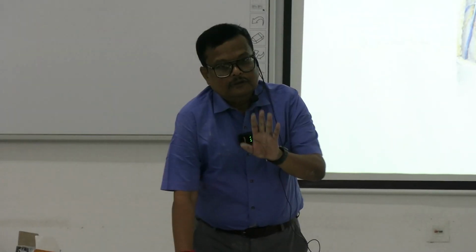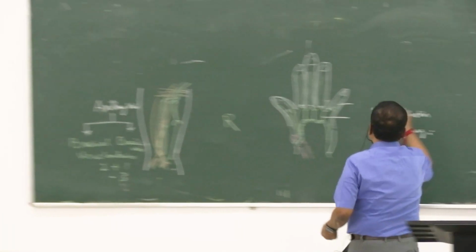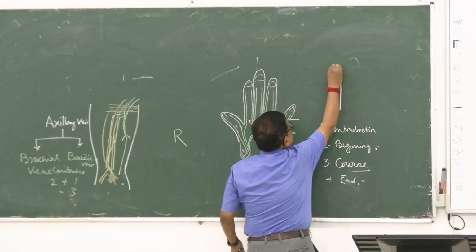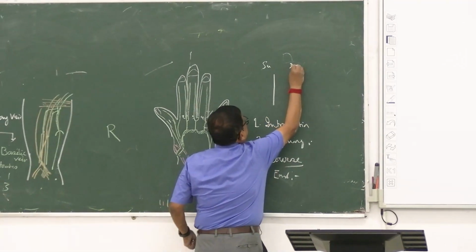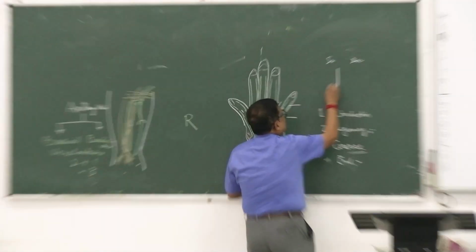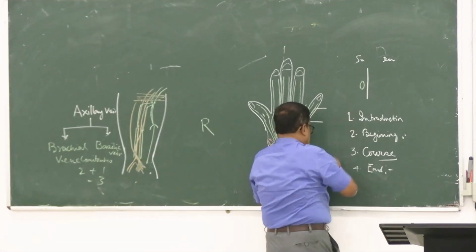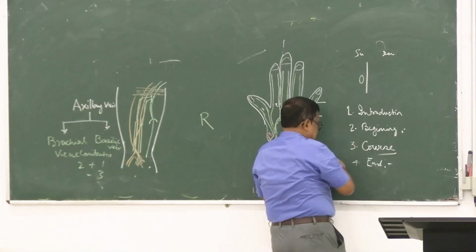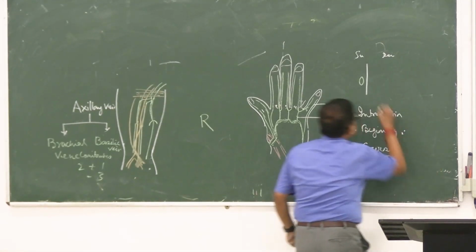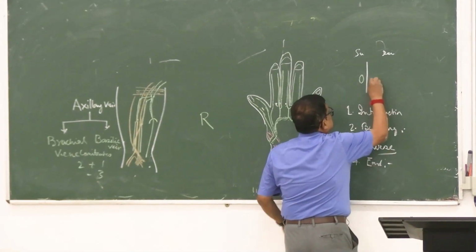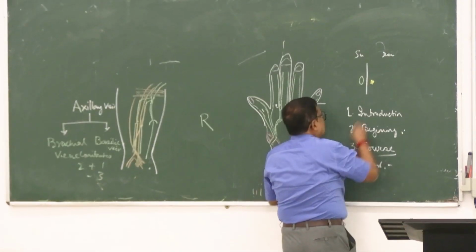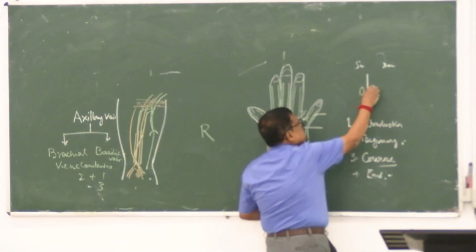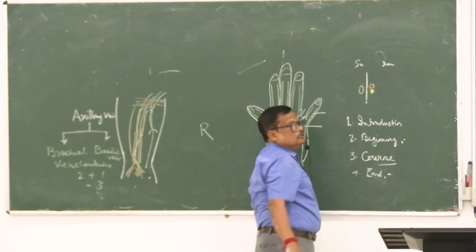Keep this in mind. Here is the superficial side, here is the deep side. Here is the median cubital vein, and here lie the median nerve and the brachial artery. So they are separated by the bicipital aponeurosis.